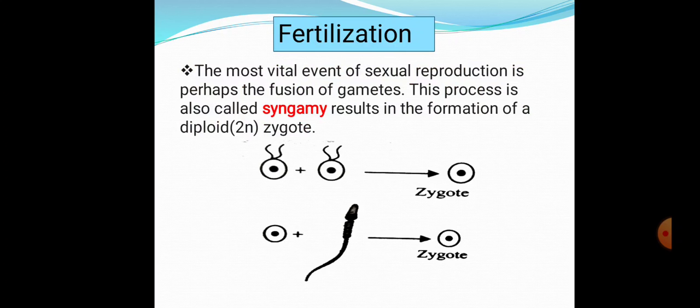So male and female gametes fuse to form a zygote. As we know, gametes are always haploid in nature. So haploid gametes, which can be isogametes or anisogametes, fuse to form a diploid zygote.